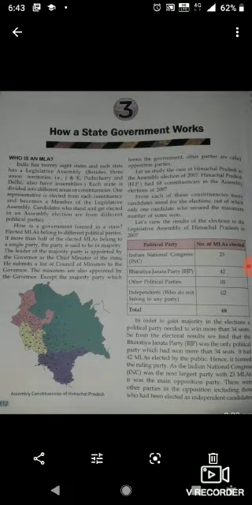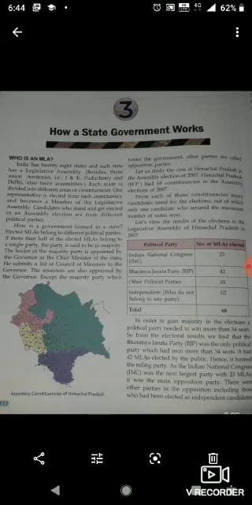The Indian National Congress, that is INC, was the next largest party with 23 MLAs, so it was the main opposition party. There were other parties in the opposition, including those who had been elected as independent candidates.